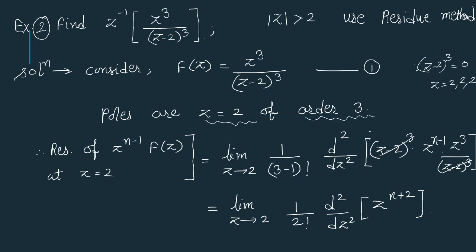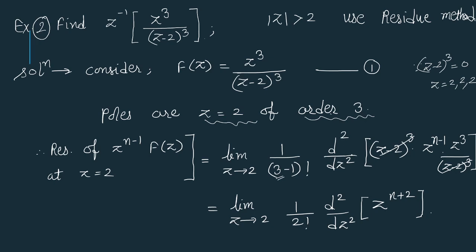Now, since the order is 3, we apply the second formula for finding residue. Therefore, here limit z tends to 2, 1 upon r minus 1 factorial, r is here 3, then the r minus 1 derivative of this function.